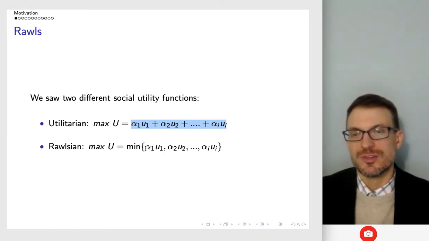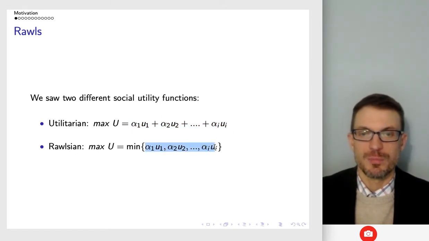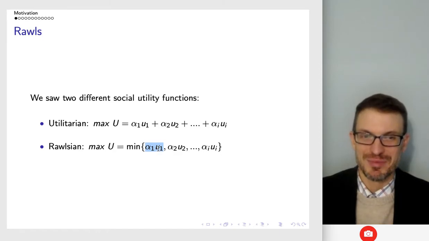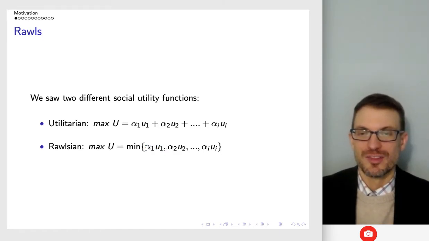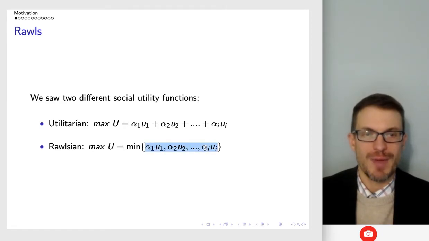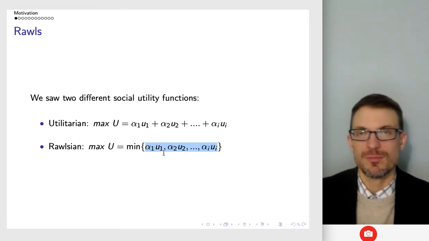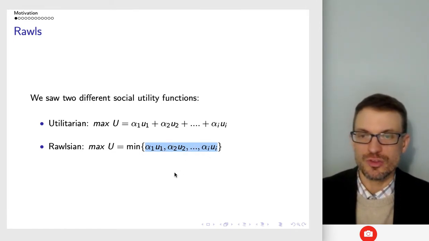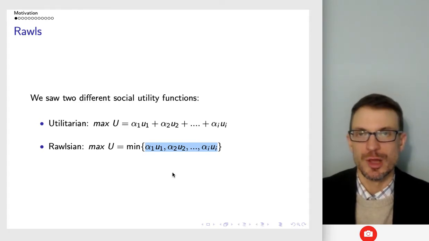With a Rawlsian utility function, we're thinking this is like perfect complements or Leontief or whatever. And so if one of these is zero, then the maximum you're going to get is zero, right? And so the utility is going to be whichever is the smallest of these, and we're trying to maximize whichever is the smallest of the weighted utilities from everyone in society. So it's trying to most benefit the least well off.